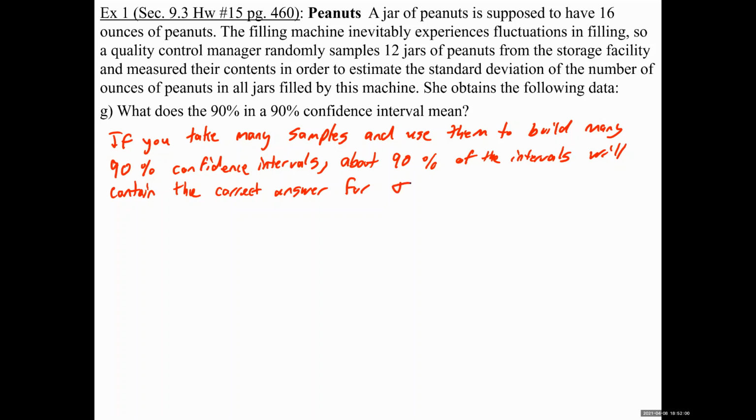That's the only thing that changes. The letter is sigma today. About 90% of the intervals will contain the correct answer for sigma, and about 10%, I'm getting the 10% by doing 100% minus 90%, about 10% of the intervals will not contain the correct answer for sigma.